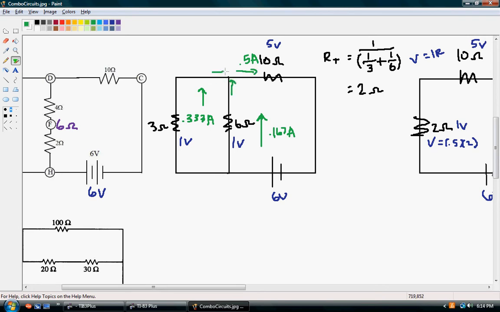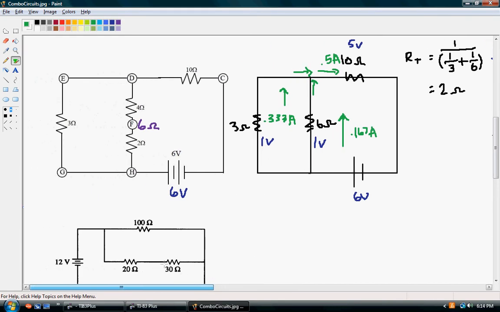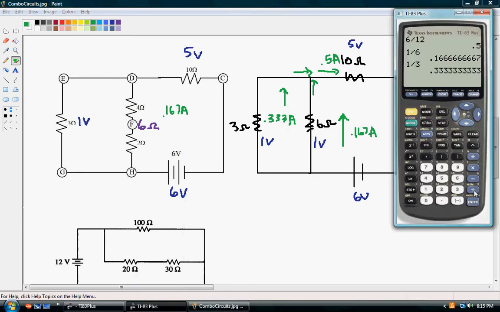Here and here. Alright, so we can back up to our original circuit. We know the 10 ohms uses 5 volts. We know this 3 ohms, since it's the only one on its line, uses 1 volt. But now we need to split these up. We know the current is 0.167 amps, so we can find the voltage that each one uses by taking the current and multiplying by the resistance.